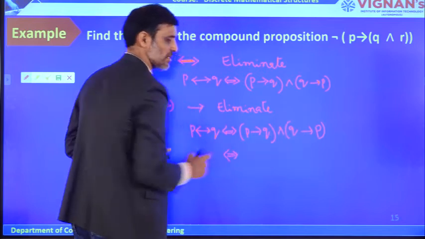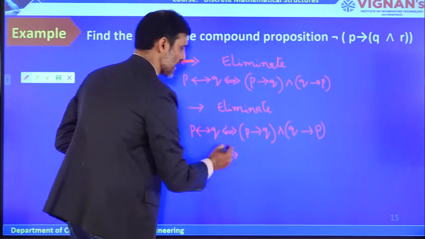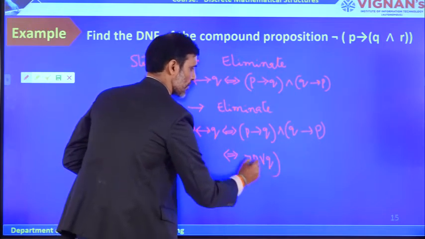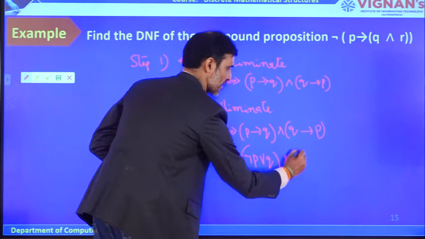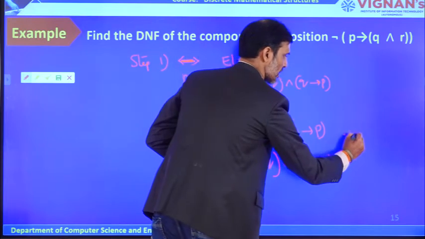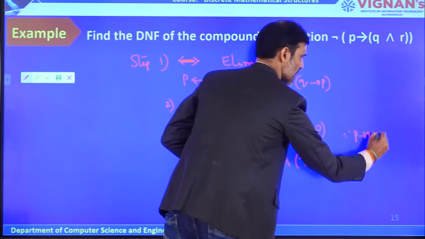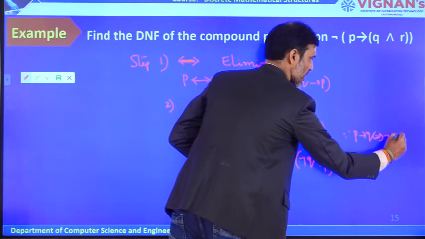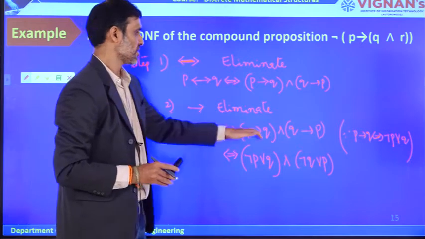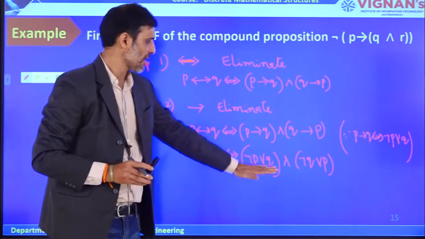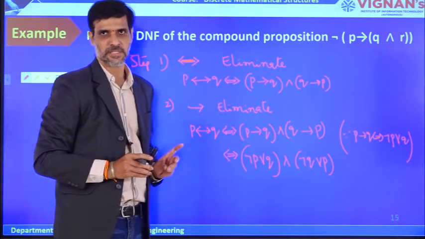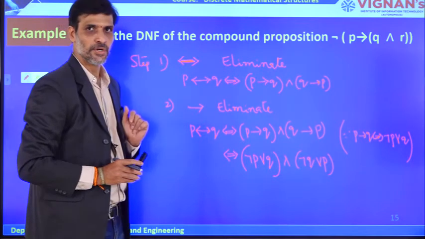These two contain implications. To eliminate them, you take negation of P or Q, and negation of Q or P, since P implies Q is logically equivalent to negation of P or Q. This is the elimination of implication. Now if you observe, this formula contains no implications and no biimplications. So this is the second step.